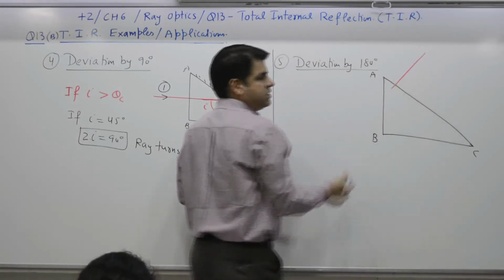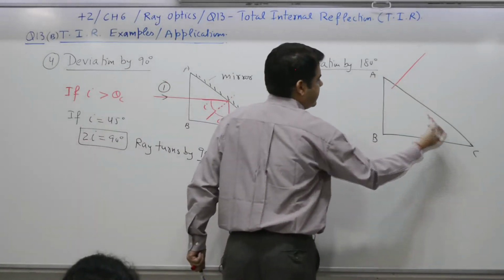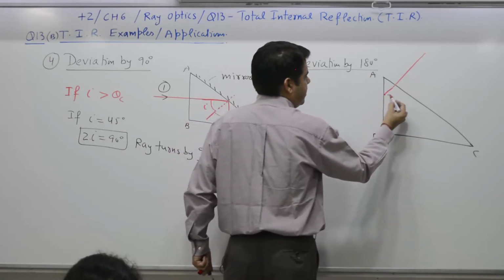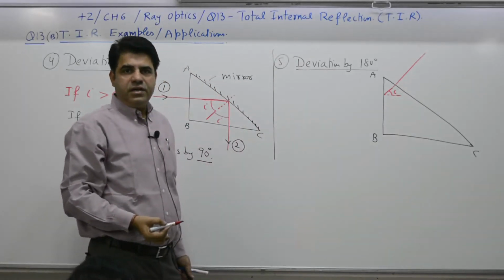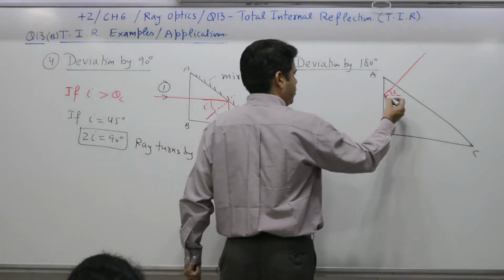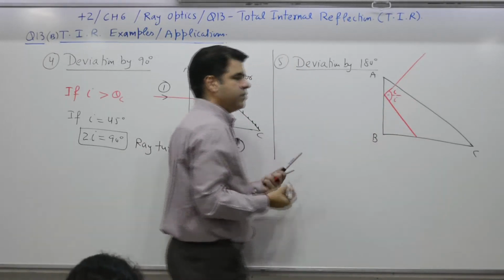Why does it pass as it is? Angle of incidence is 0 on this face AC. When it hits face AB, the angle of incidence I, suppose it is more than theta critical. If it is more than theta critical, TIR takes place. So I is equal to R. This angle is also I.